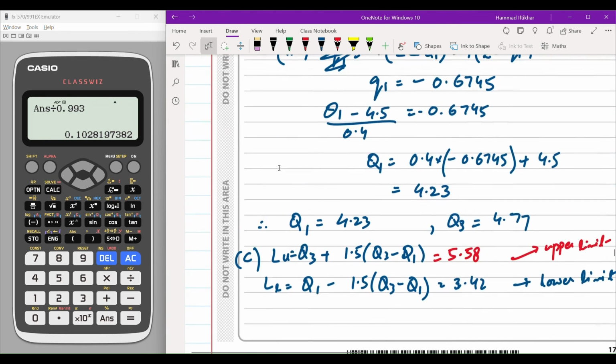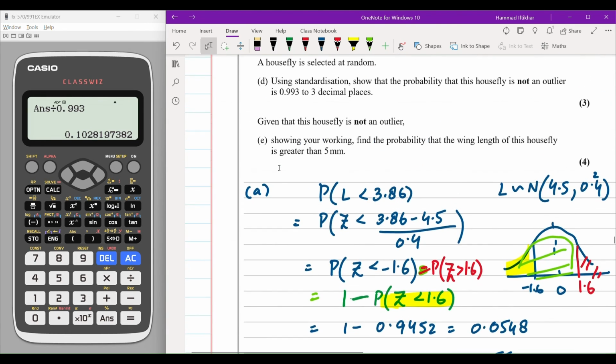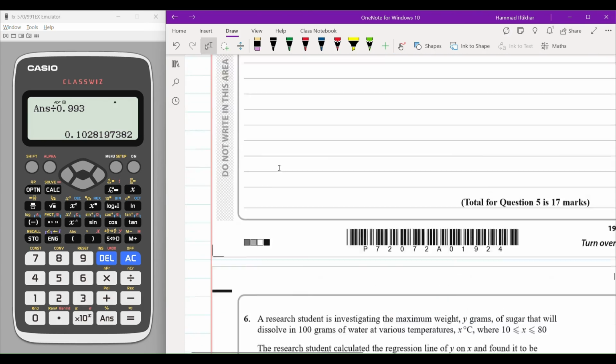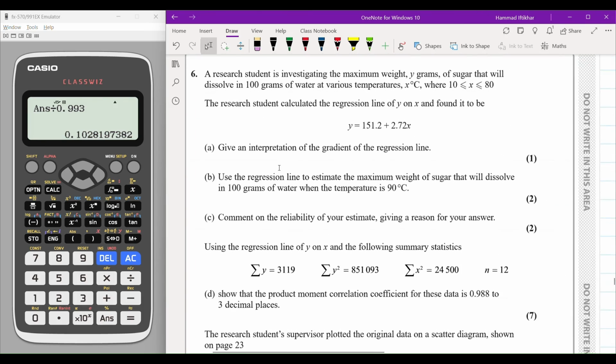Right, okay, so that was question number 5. Next is question number 6. A research student is investigating the maximum weight, y grams, of sugar that will dissolve in 100 grams of water at various temperatures. The research student calculated the regression line of y on x to be this.